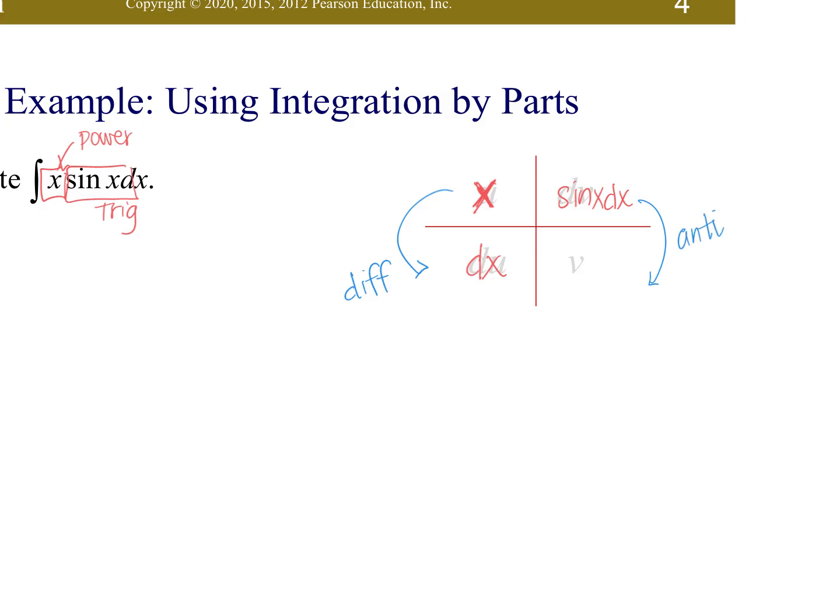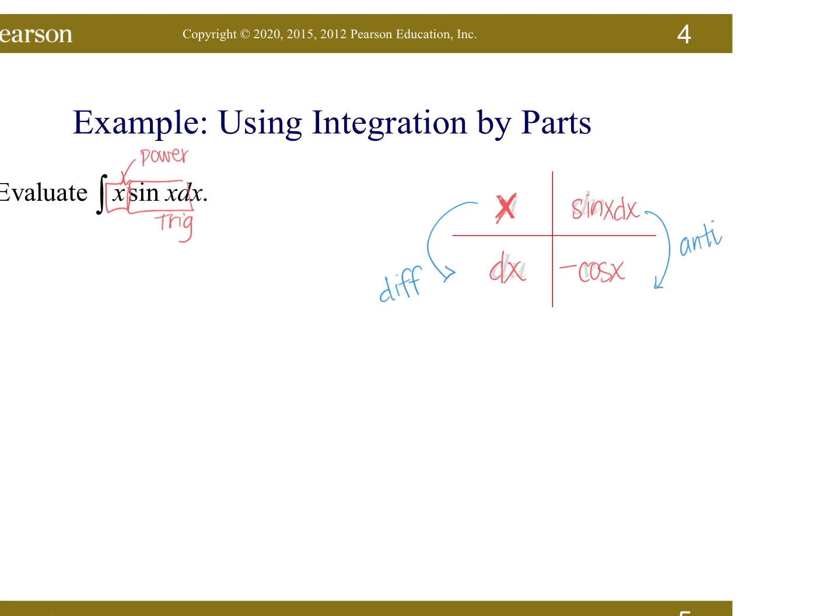And the antiderivative of sine of x is negative cosine of x. And now reassemble your parts to solve the integral. So as we reassemble, we're going to go diagonally first. So that will give me negative x cos x.